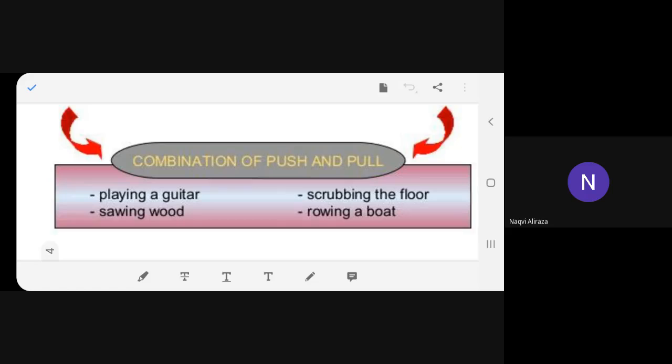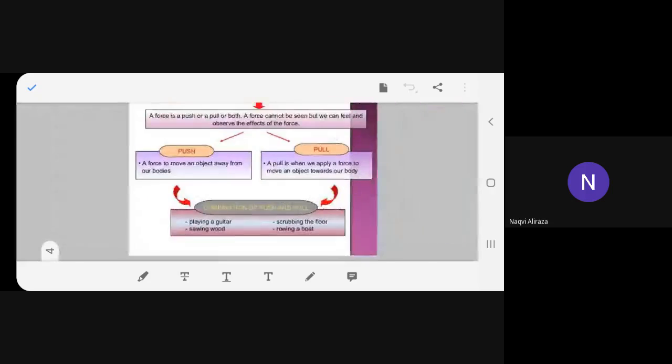Thank you. So now we will see where you have both the activities, push as well as pull. What are these activities? Let's observe. Combination of push and pull: playing a guitar, sawing wood, scrubbing the floor, rowing a boat.